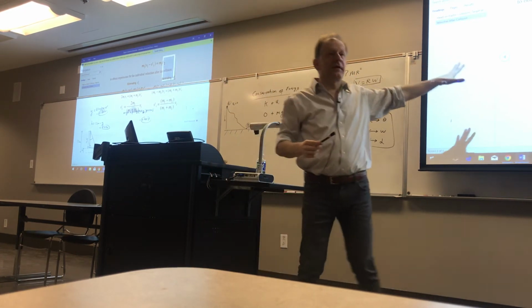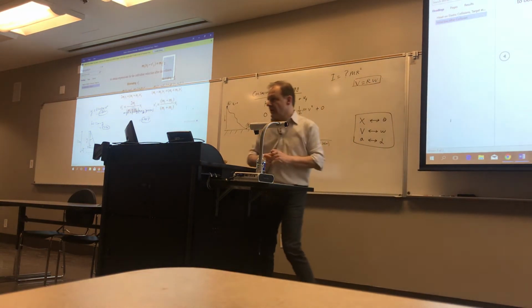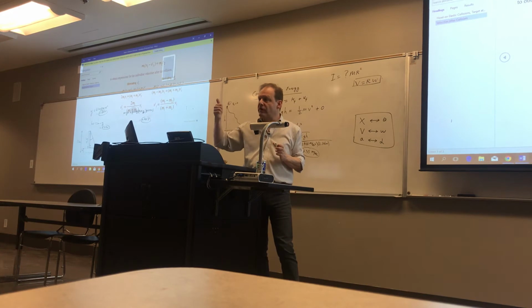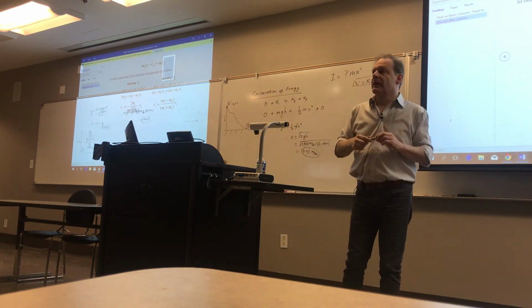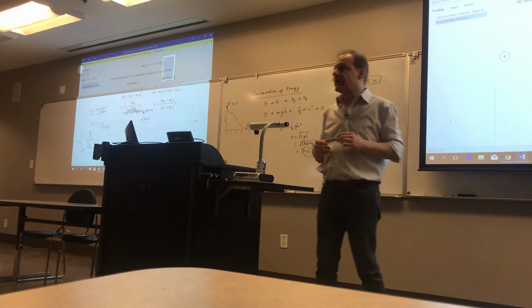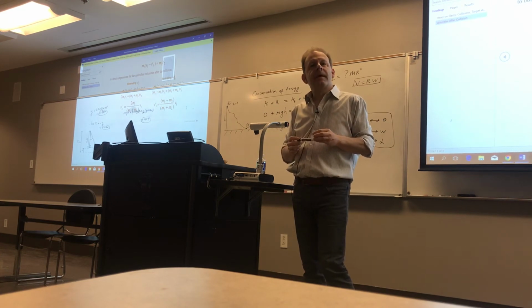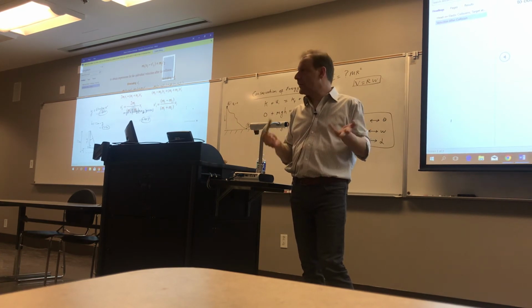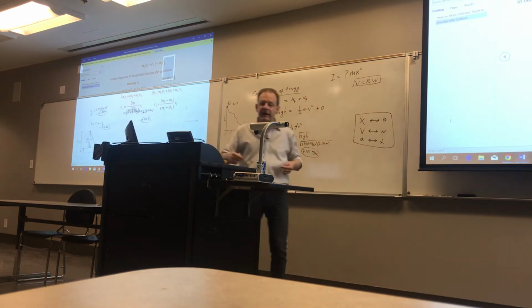You can't use these equations for that. Conservation of momentum is all that you can use for inelastic collisions. So when you read the question, you have to decide whether it's elastic or not. There's always some kind of a clue. We can do one of those if you want, but I want to keep this moving and cover as many questions as we can.